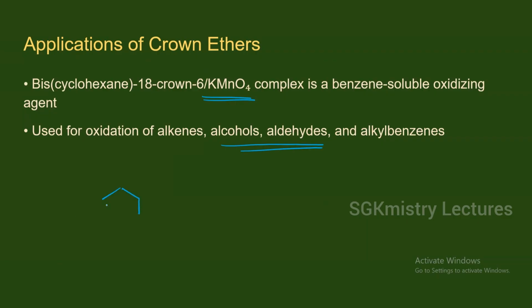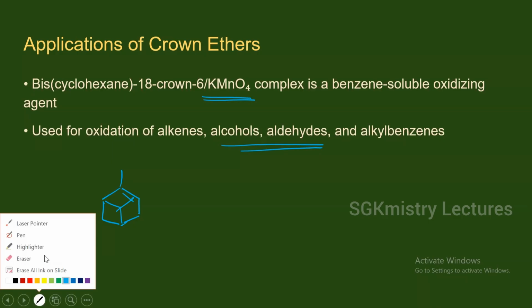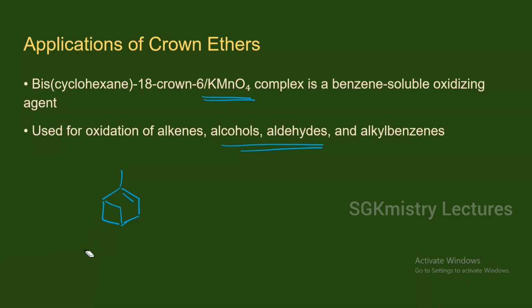So we have the example. So let us take this compound. So here, let me take one more. Okay. Let me write it clearly. This is just the two methyl groups that are attached. Okay, like this. So now in the presence of KMnO4, and I'll just write the crown ether like this, 18 crown 6 and benzene, because it is a benzene soluble oxidizing agent.